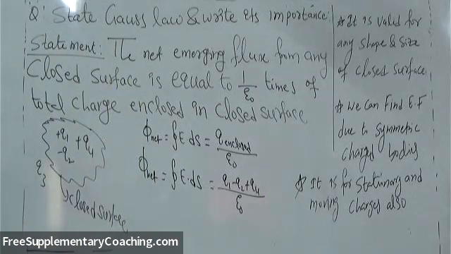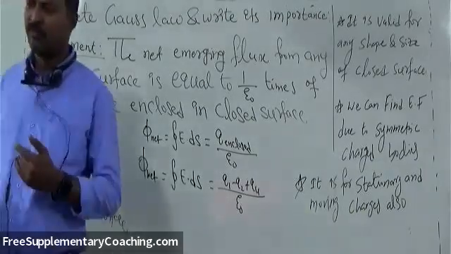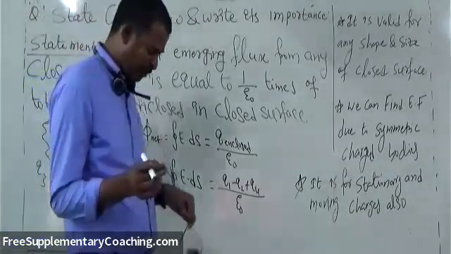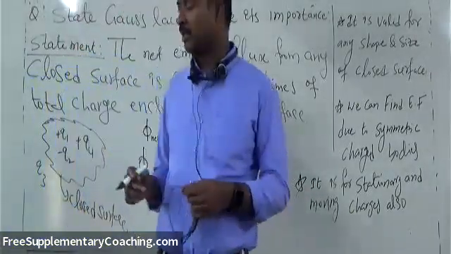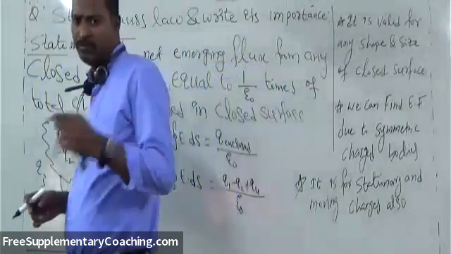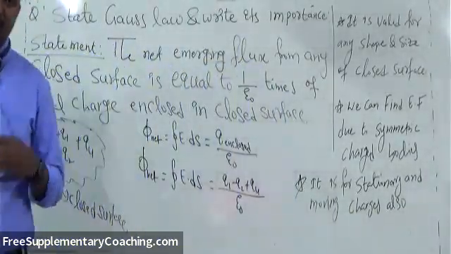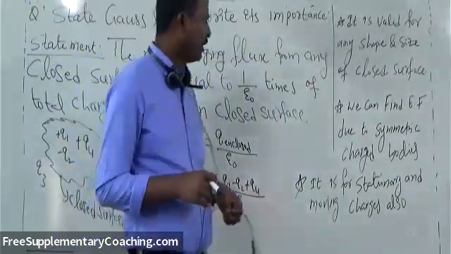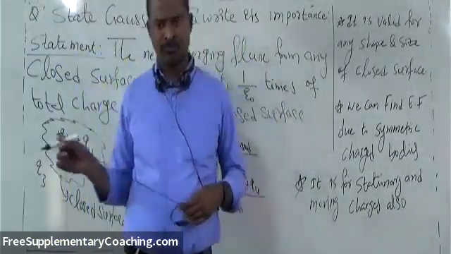Clear? So today we have learned 4 SAQs: one rainbow, other red shift, blue shift, Doppler effect in light, and Gauss law and Coulomb's law. Clear now? So rest of things will continue tomorrow.